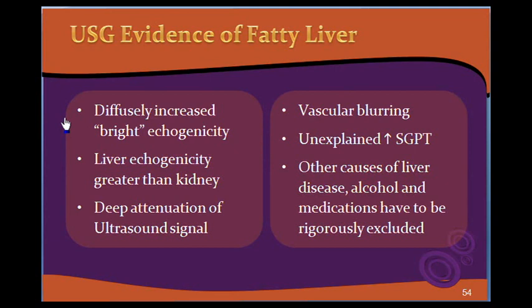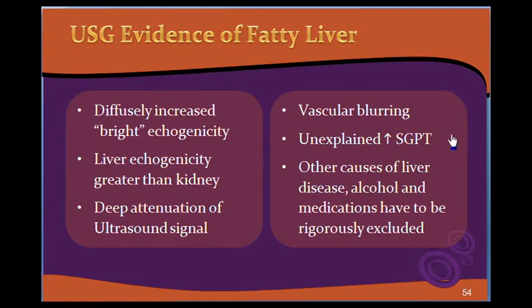That means the liver appears hyperechoic and white. Liver echogenicity is greater than that of the parenchyma of the kidney. Deep attenuation of the ultrasound signal is a characteristic feature. The vasculature of the liver will be blurred because of the fibrotic changes and because of the fatty changes.